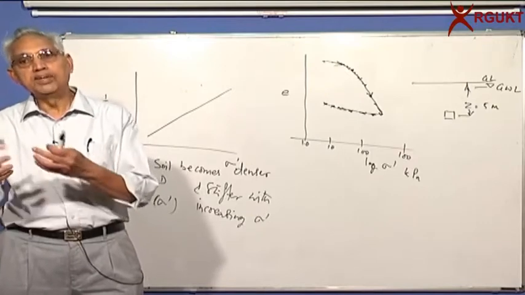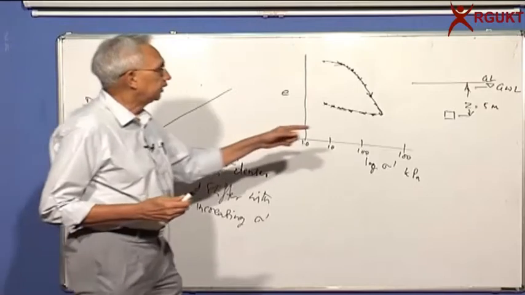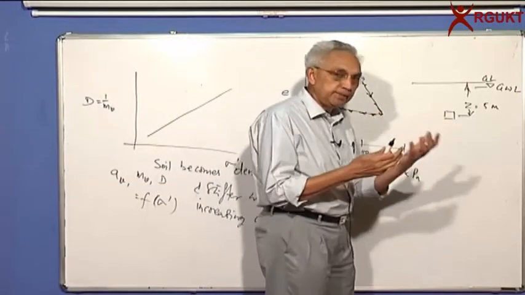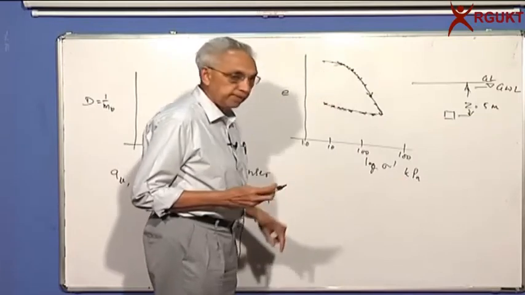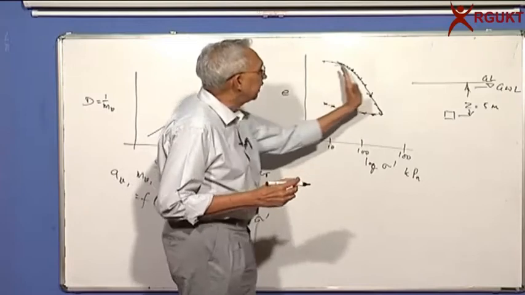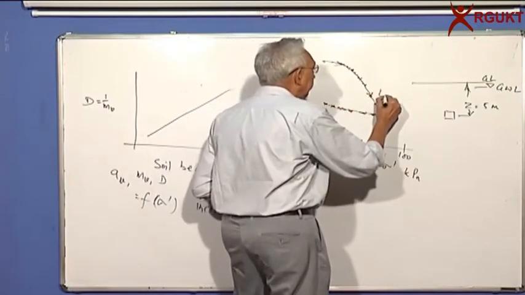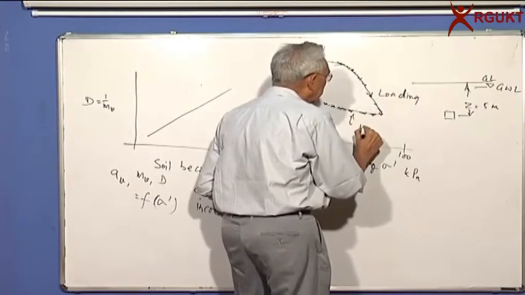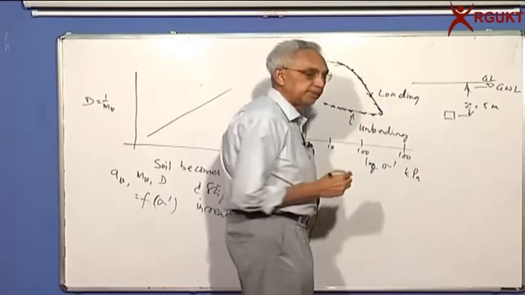And once I remove it, you have unloaded the stress. Whatever stress that is acting here is unloaded, and you start again. And that is why you get a flat curve, and then you find a straight line in the major portion of it. And then if you unload, this is loading and this part is unloading. And you can see that this part is almost a straight line.